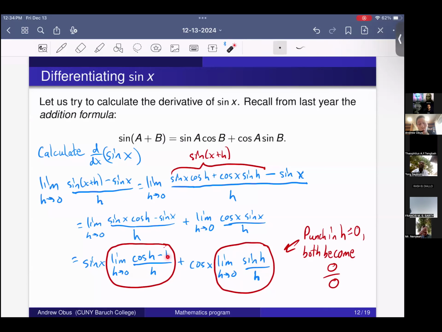Cosine of 0 is 1, so 1 minus 1 over 0. These are both 0 over 0. So the key to figuring out our formula is what is, for instance, the limit as h goes to 0 of sine of h over h? What is this?